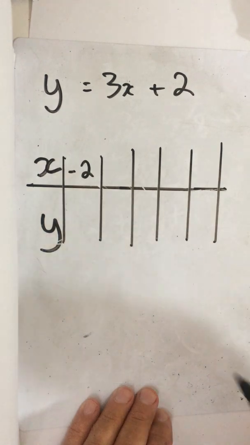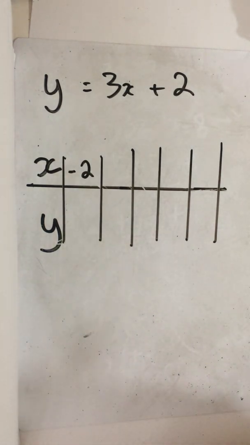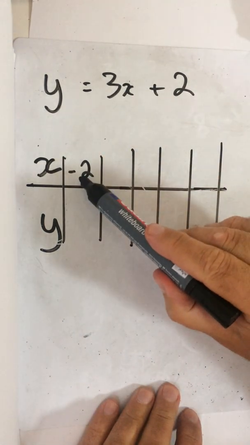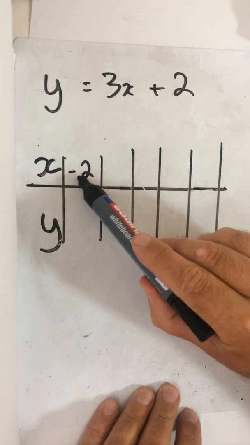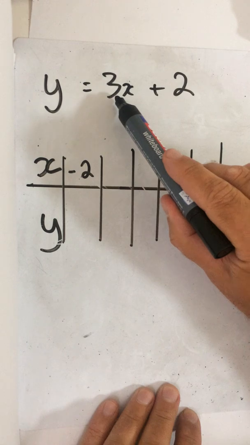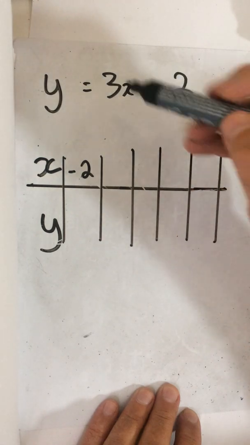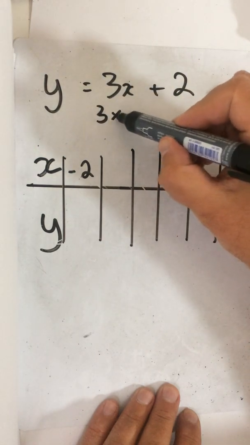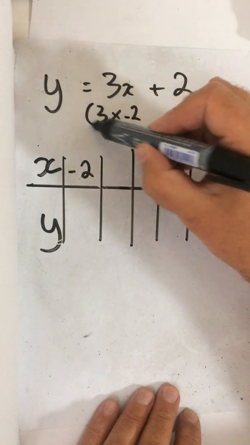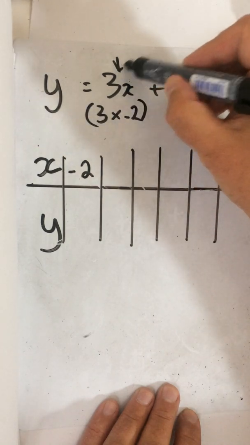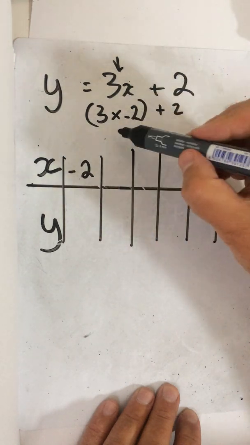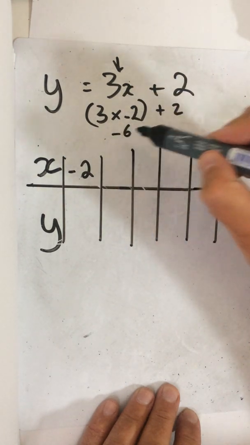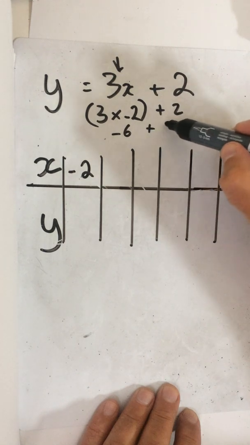Here is my equation, and I'm going to work through it using substitution. If x is minus 2, what will y be? I just substitute, so it becomes 3 times minus 2, add 2. 3 times minus 2 is minus 6, and from that we add 2.